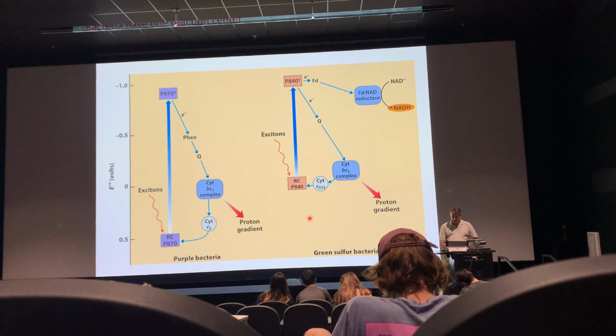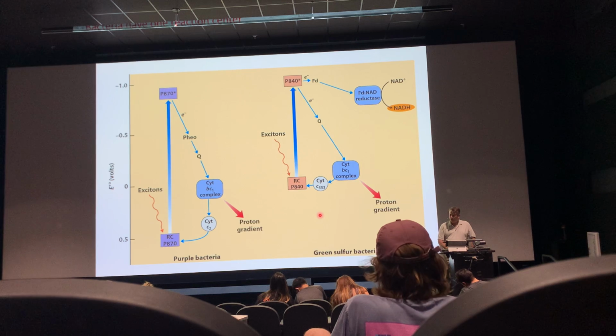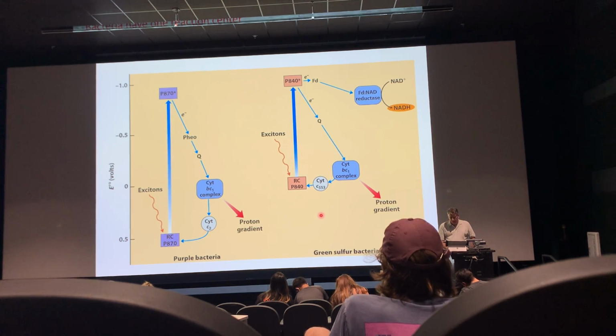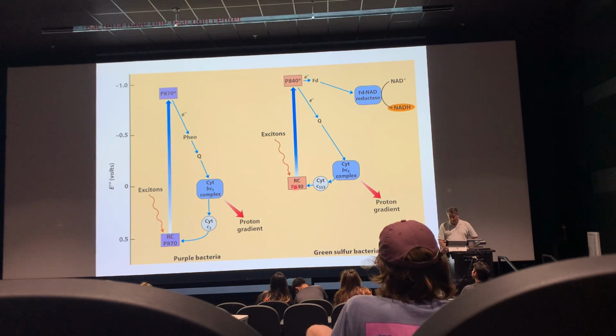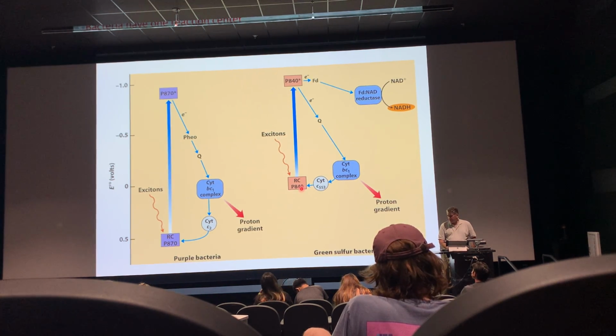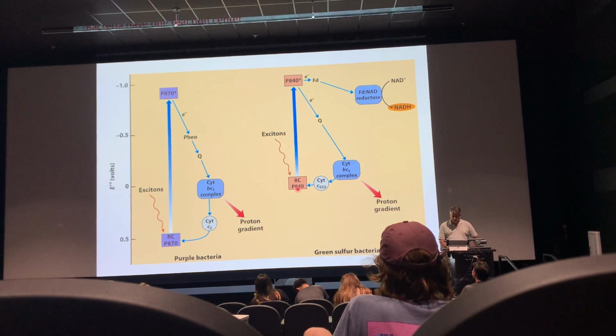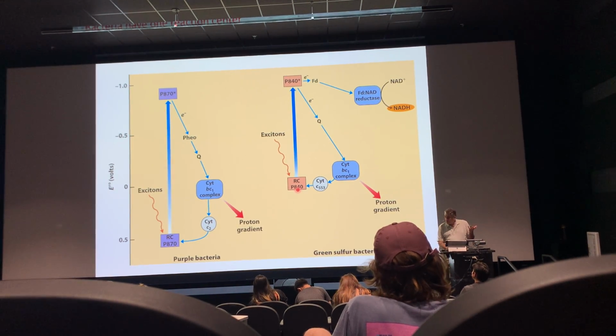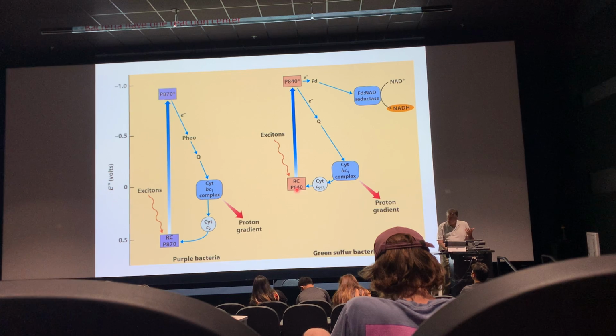These green sulfur bacteria can do the same thing, but also one more thing. And that is here, these bacteria have a reaction center called pigment 840. It's a different organism, so not surprising that it has a different maximum absorbance because it's held by different proteins.